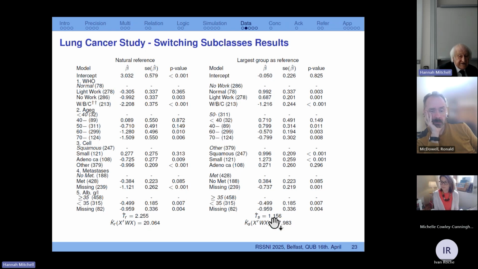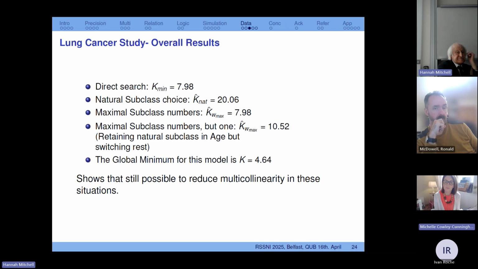Then we find that our total variance is halved. And this is the value we get for the multicollinearity. So we have more than halved the multicollinearity measure.